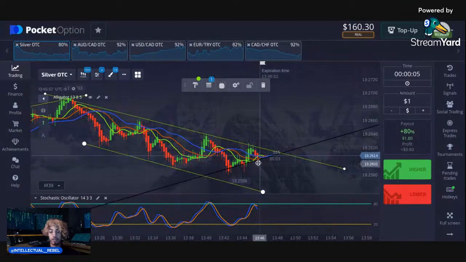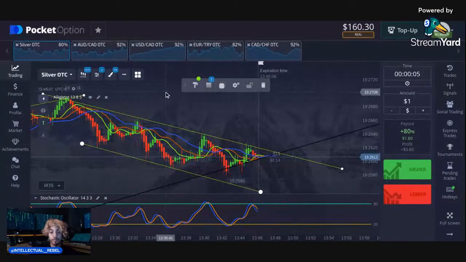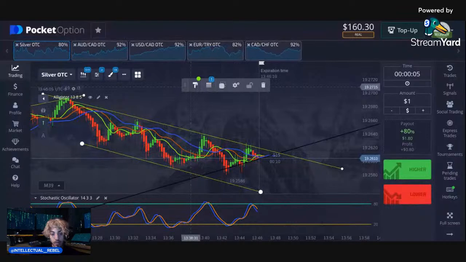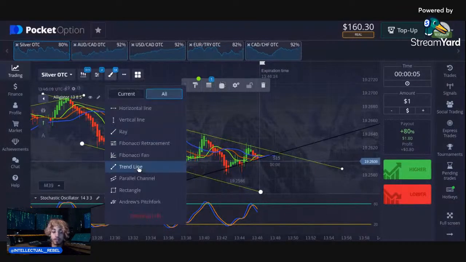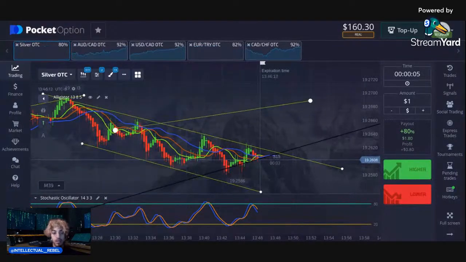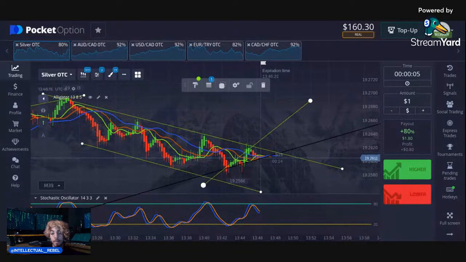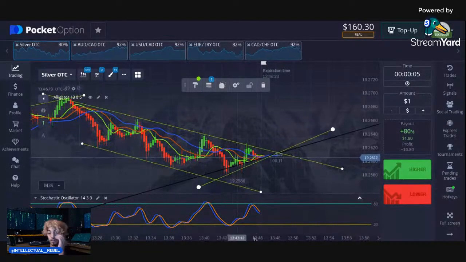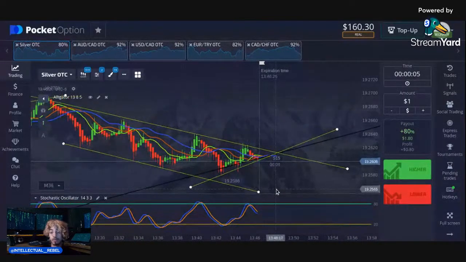So that's a wedge, I believe. I know it kind of looks confusing with all the lines, but I pretty much understand all this that I'm putting here to a certain extent.